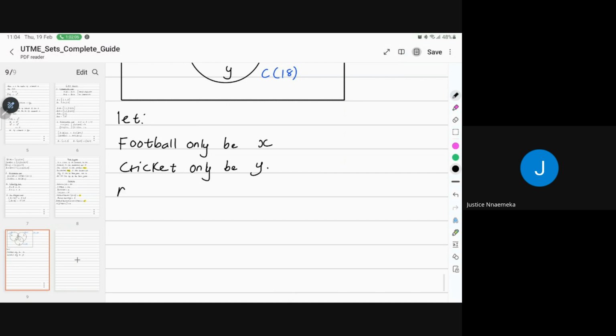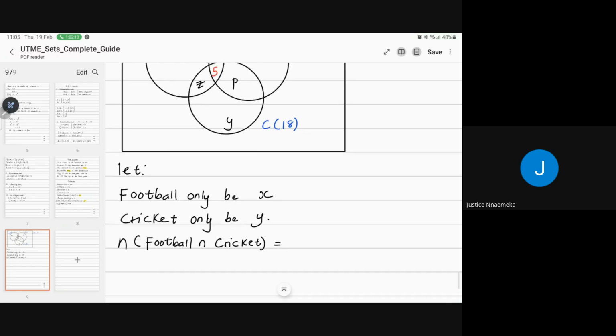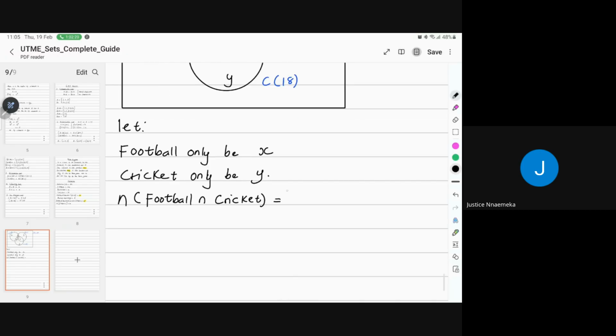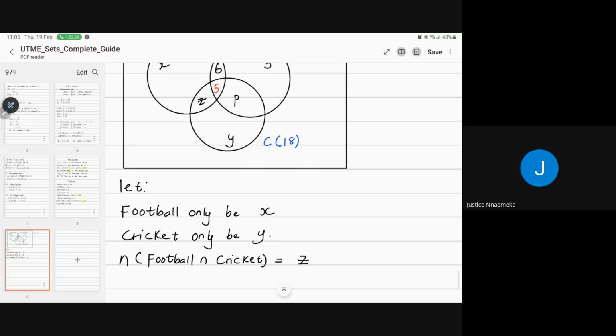So number of football and cricket be equal to what? What alphabet did I give there? I gave it Z. Now the next intercept we have is what?